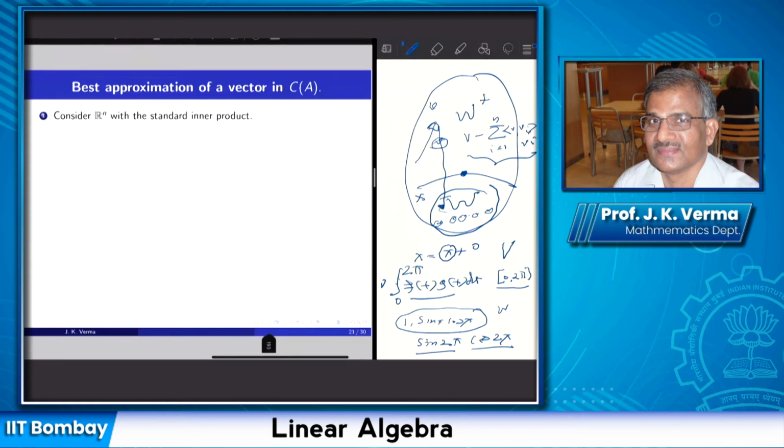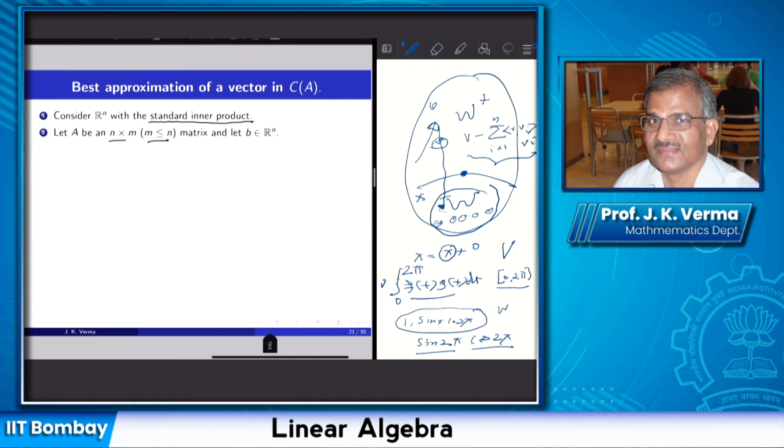Now we want to apply this idea to construct the best approximation of a vector in the column space of a matrix. So consider Rn with the standard inner product, the dot product of vectors, and take an n by m matrix where m is less than or equal to n.